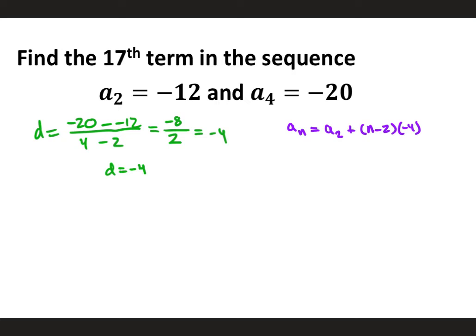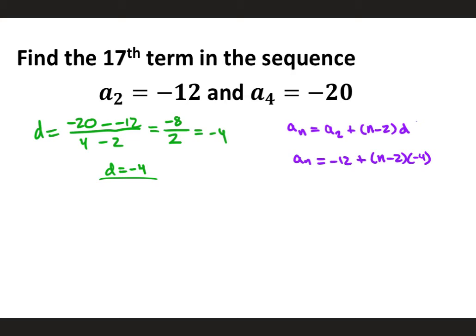So a sub n equals negative 12 plus n minus 2 times that difference, which was negative 4. In the other examples, I had kept it as a d up here when showing my work, so let me change that back real quick, just to show where we're getting these from. And that's that d we found over here.